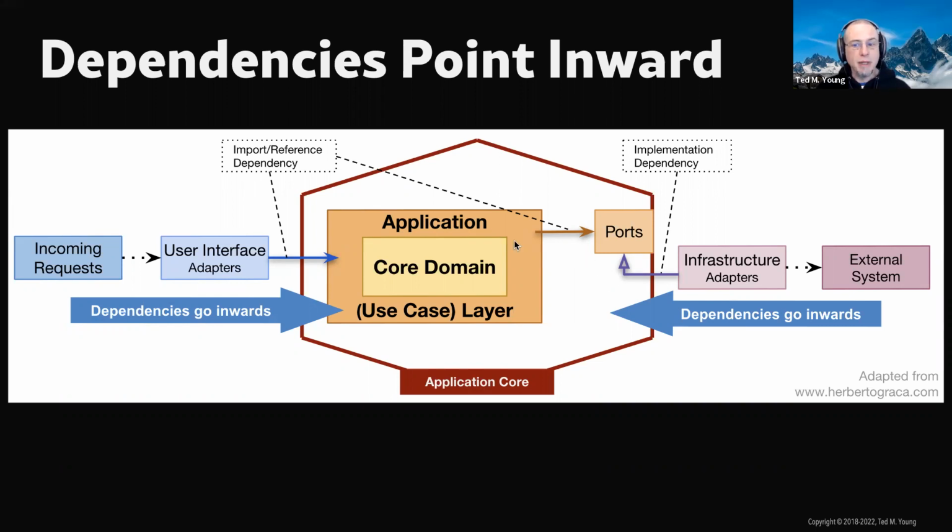On the other side, though, because of the direction of how things happen, we might want to store information in our infrastructure. We have to have an implementation dependency. So here we define our port, and you're probably familiar with it, dependency inversion. Now, we don't always have to do dependency inversion.